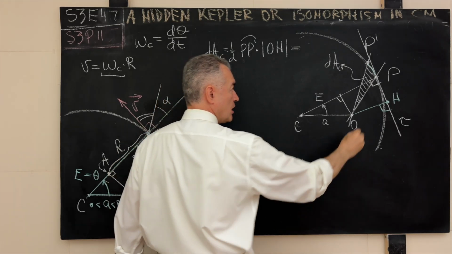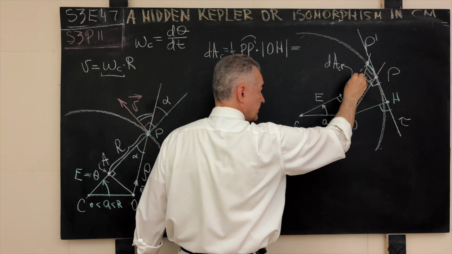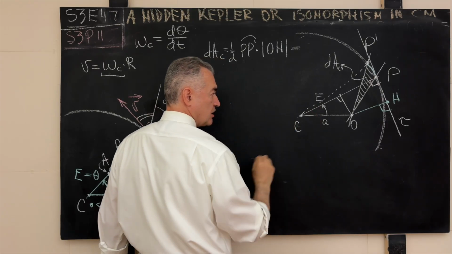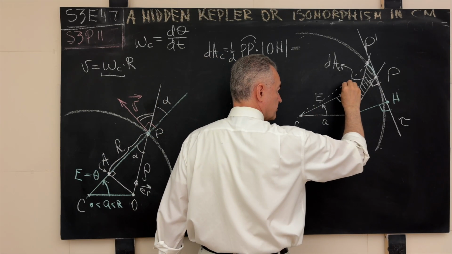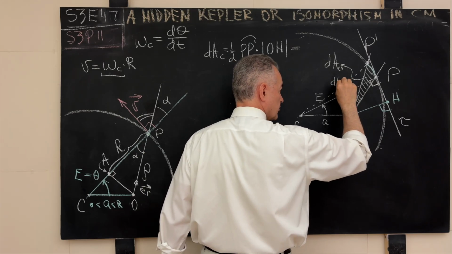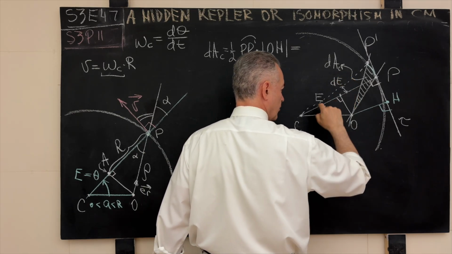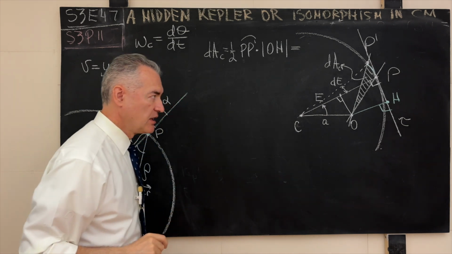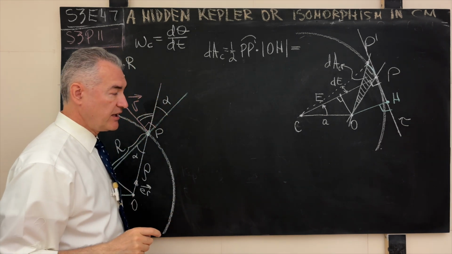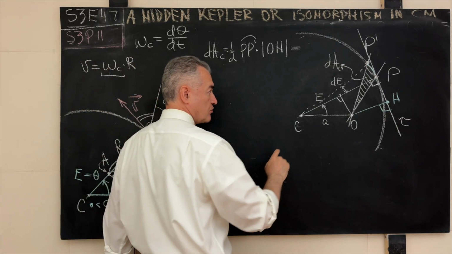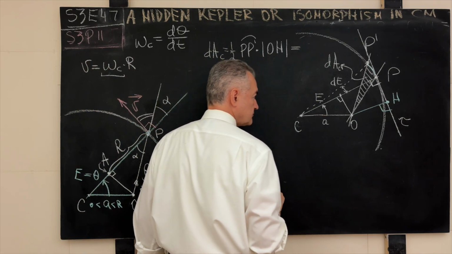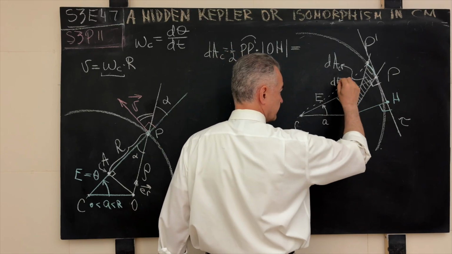And by doing so, it would be displaced in angular measure relative to the center of the circle by the angle. What is this angle right here? It will be an infinitesimally small angle dE. Remember that now we're operating in terms of eccentric anomaly. We do not call it the angle theta, we call it, in the terminology of celestial mechanics, eccentric anomaly, and this is the angle dE.